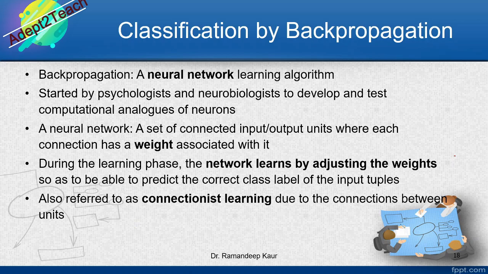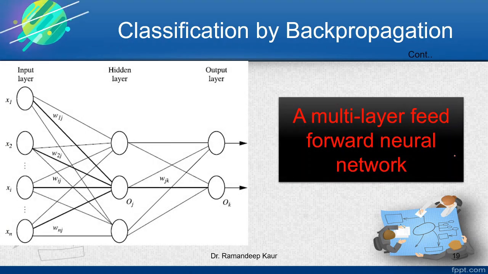There are some weights associated with it. Those weights are applied to inputs and adjusted, and a suitable output results. We also call it connectionist learning, since there are so many connections between the units.